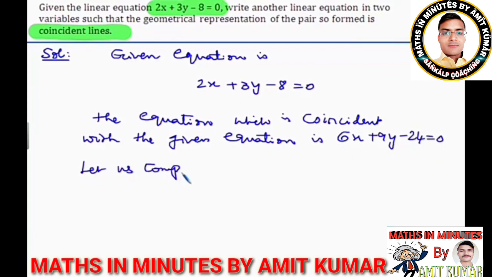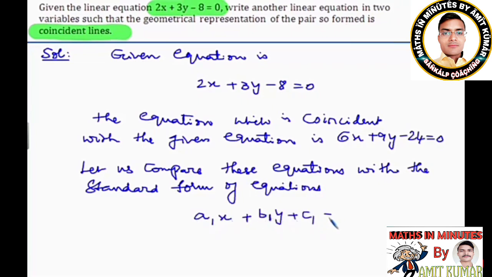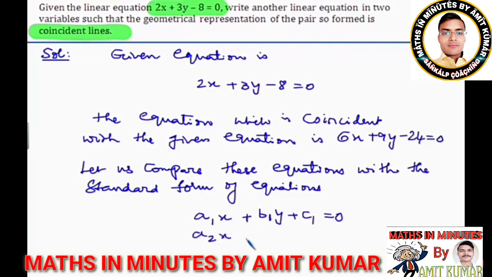these equations with the standard form of linear equations, which are as follows. a1x plus b1y plus c1 is equal to 0 and a2x plus b2y plus c2 is equal to 0.